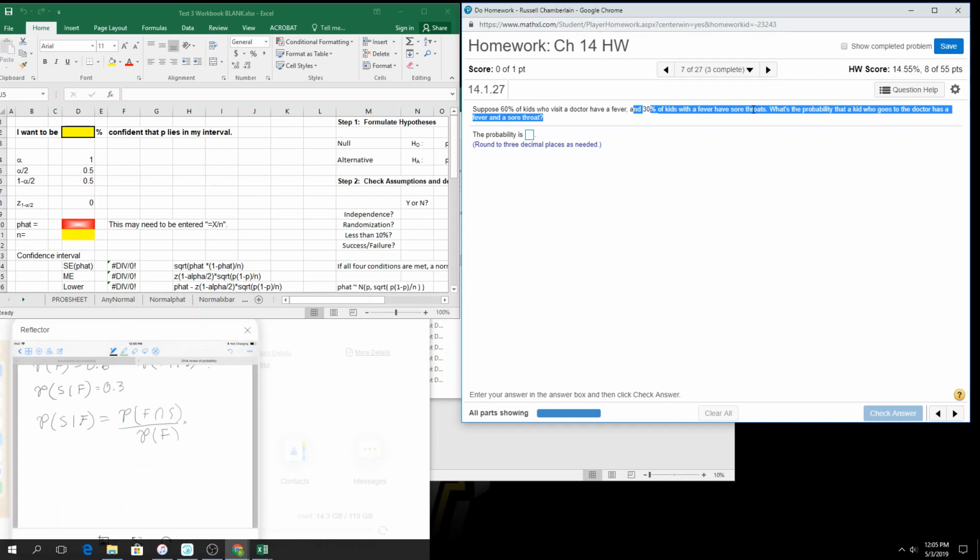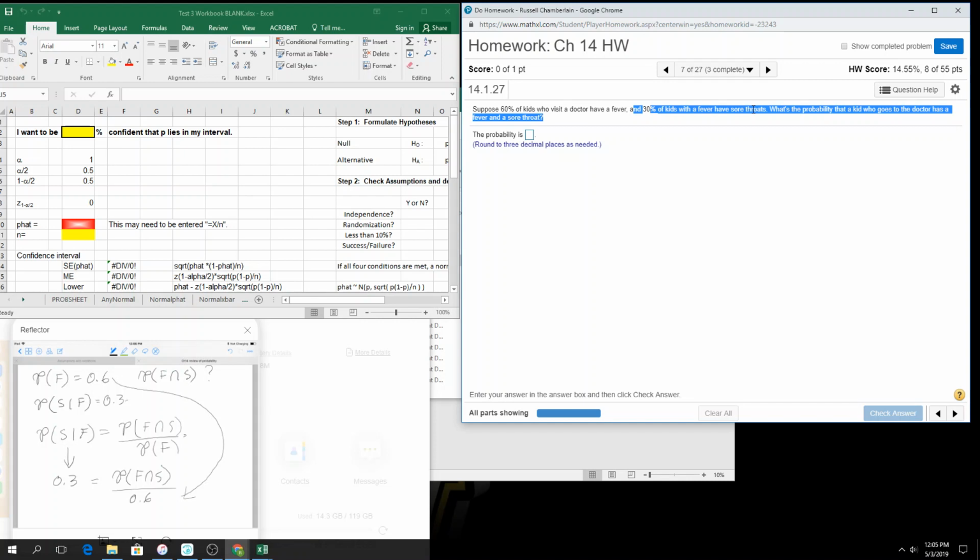So what do I have here? I have 0.3, just a substitution there, is equal to the probability both at the same time divided by 0.6.